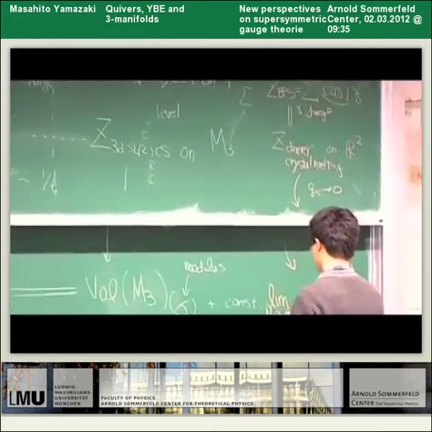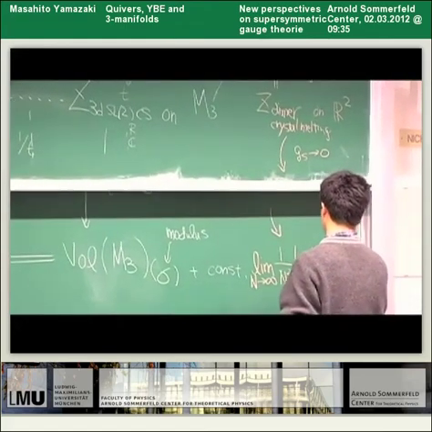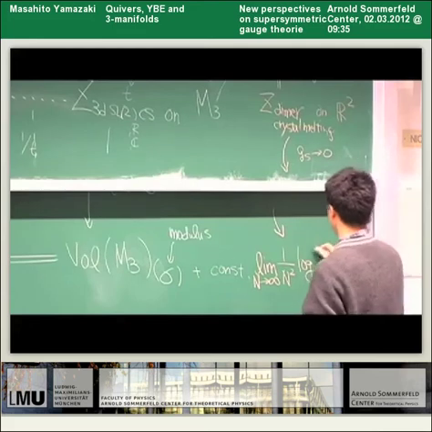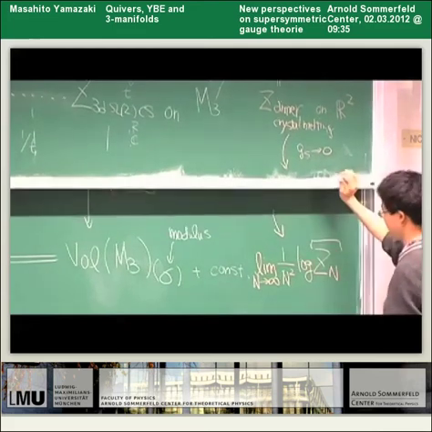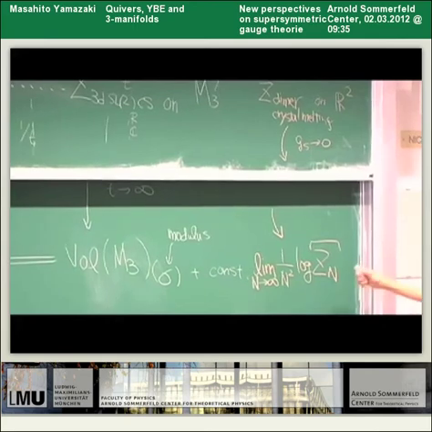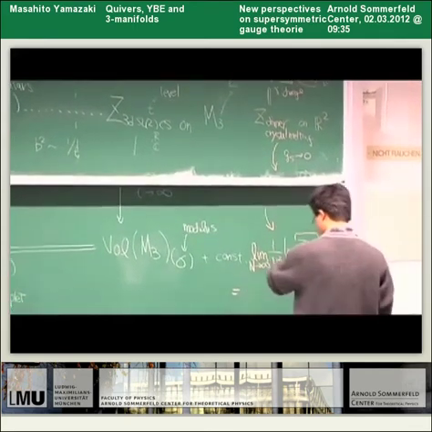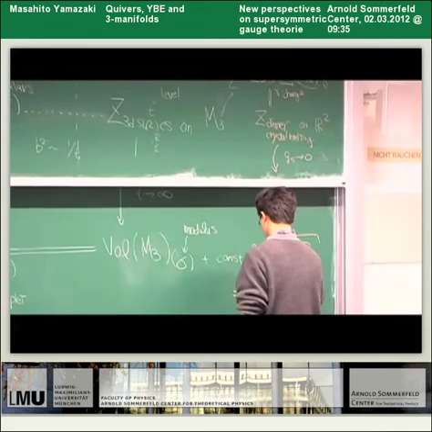So let's consider the limit n goes to infinity of 1 over n squared times log Z_n, where Z_n is the partition function on the torus with size n times n. So it's really the thermodynamic limit. And this takes a curious form.